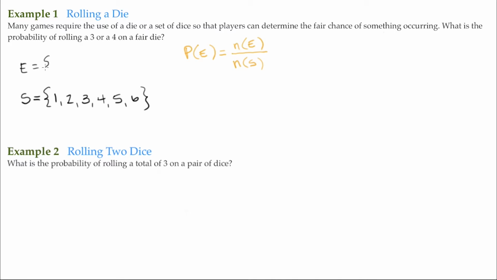So that's simply 3 or a 4. So this comes out to be the number in the event, that's 2, over the number of the sample space, that's 6. And we know 2 out of 6 simplifies to 1 out of 3.